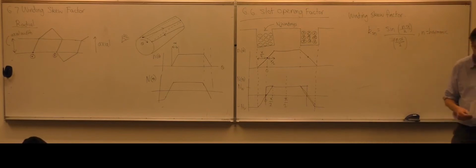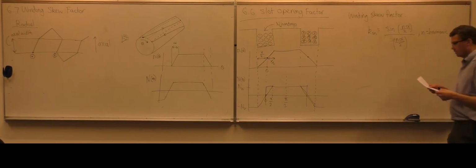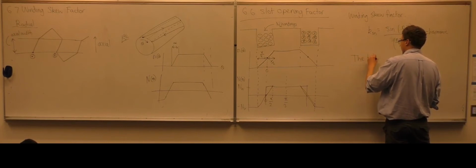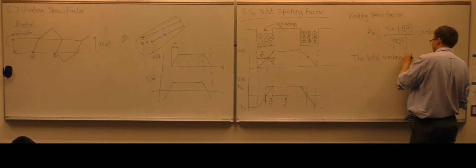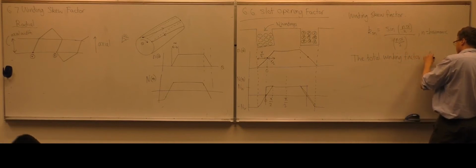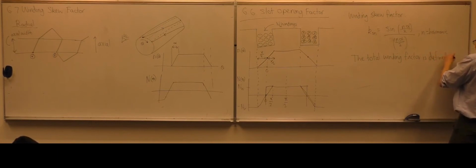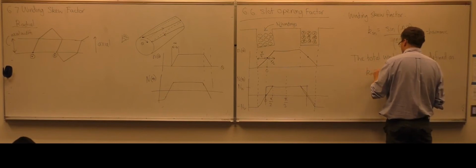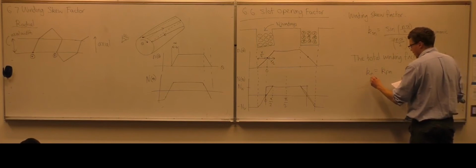Okay, is that reasonable? So then now we can put all of this together. So we have a total winding factor. The total winding factor is defined as Kn, and now I'm adding a harmonic here.